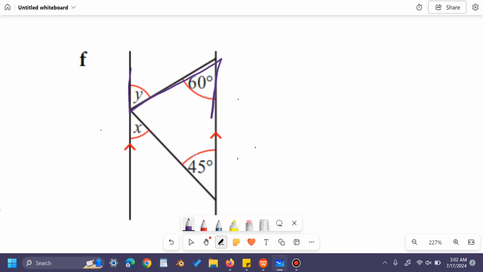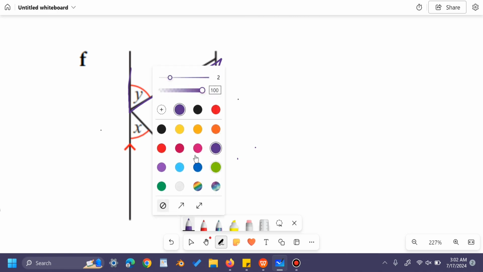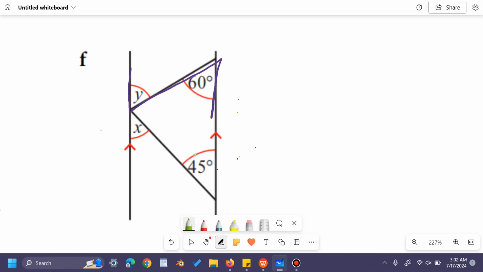If this is a Z angle, that means Y is equal to 60 degrees as it is an alternate angle.